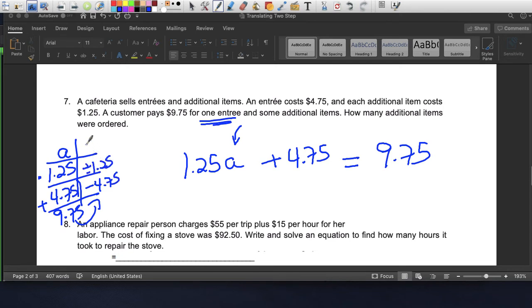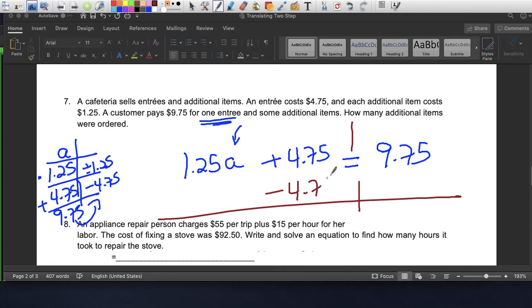Alexa, set timer, 9 minutes. So minus 4.75, minus 4.75, right? So basically we're removing the entree. So this goes away. 1.25A comes down. So you paid $9.75. $4.75 was the entree.